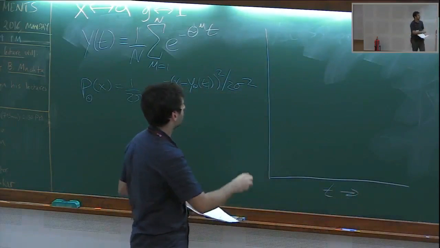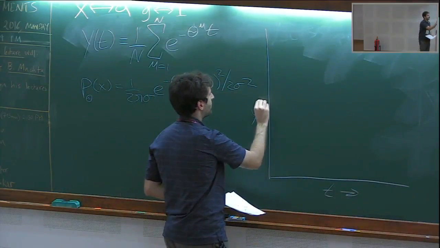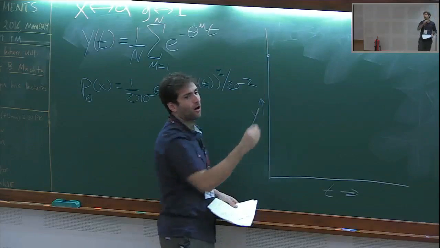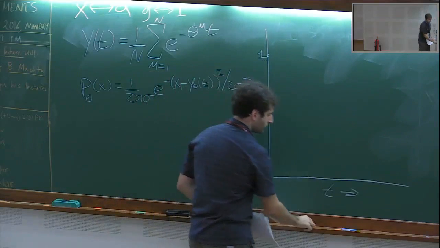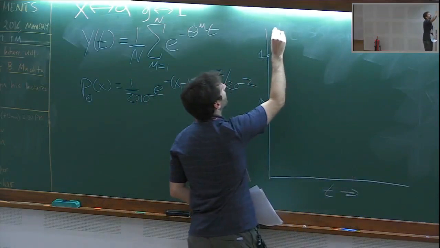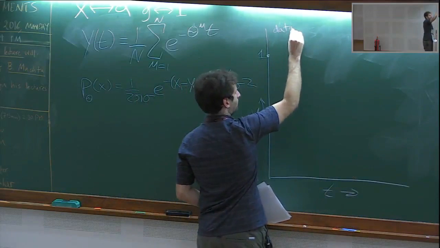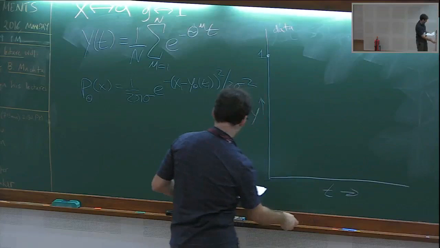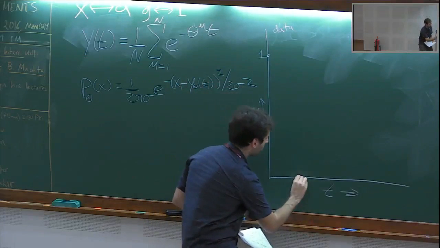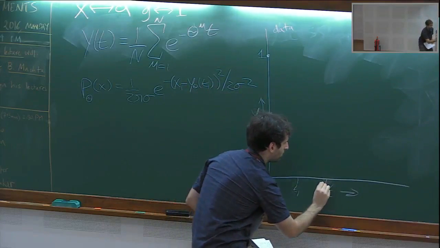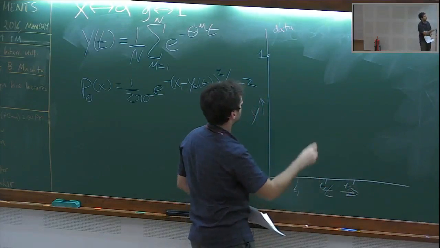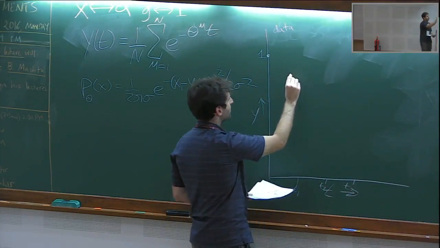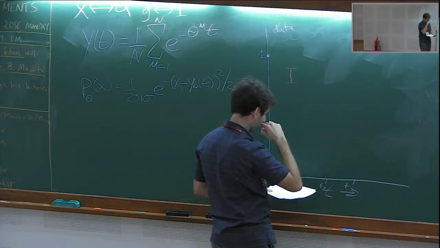So here's t here. Here's y here. All of my models are going to start at 1. And if I have some actual data taken at several time points, so here's t1, t2, and t3, this is going to look something like this.